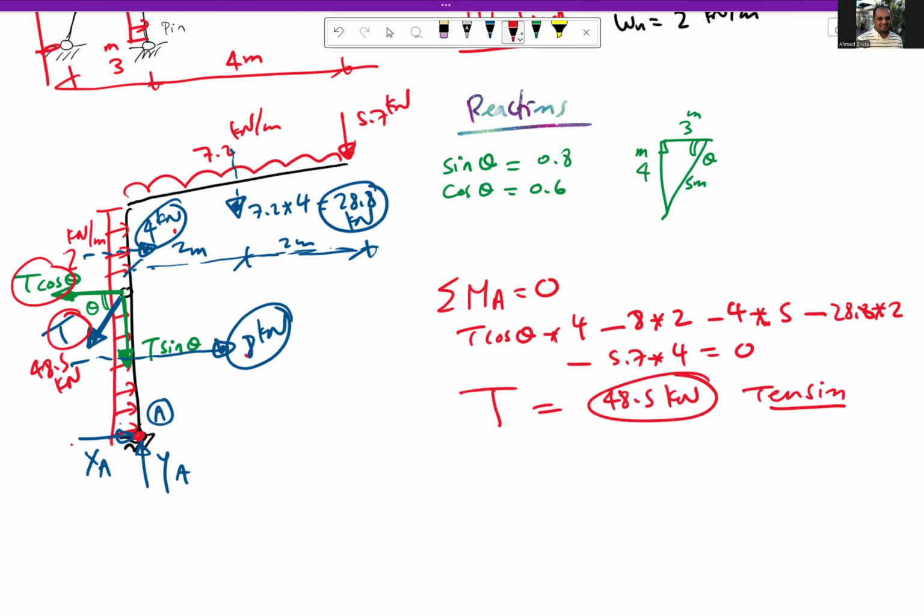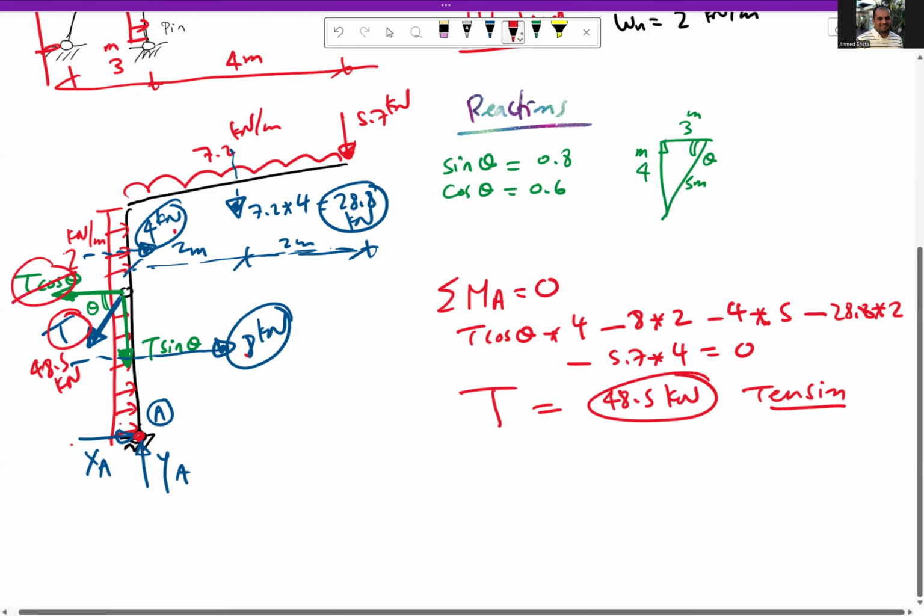So now we can replace this value with 48.5 times 0.6 and this 48.5 times 0.8.